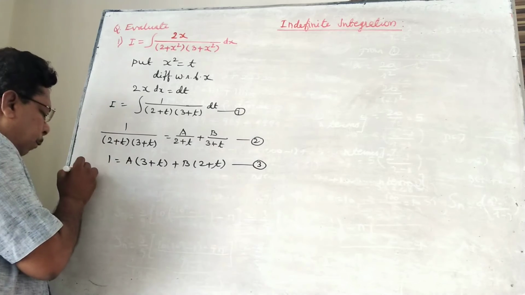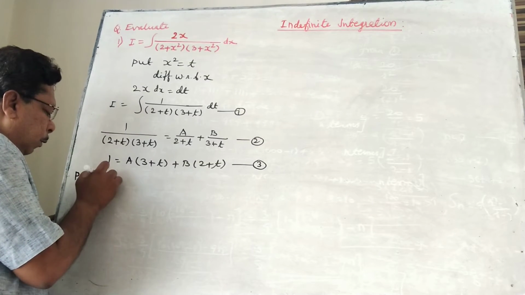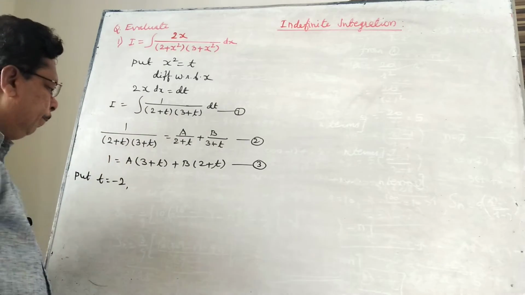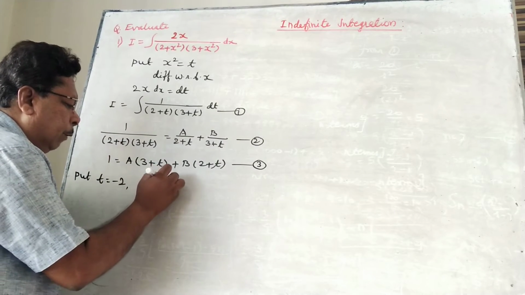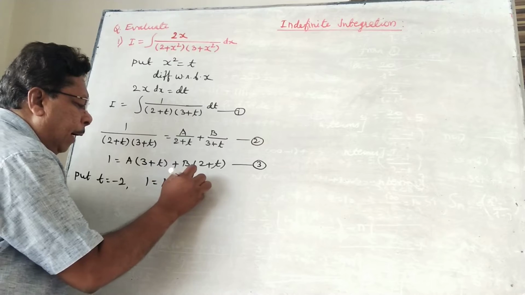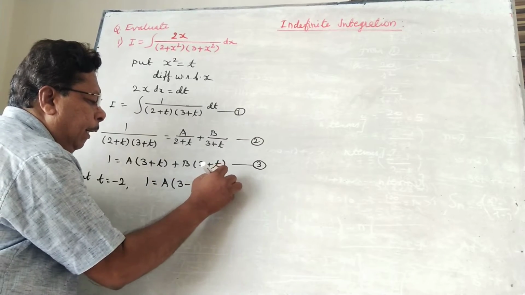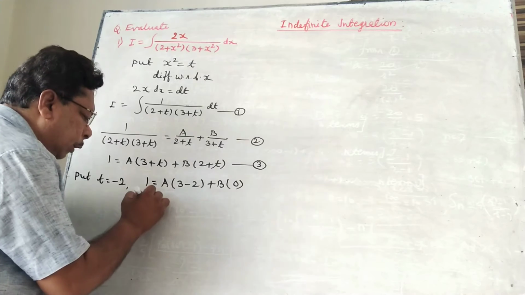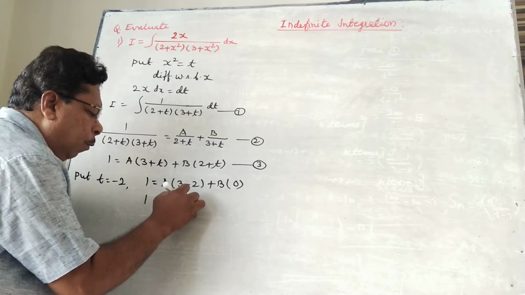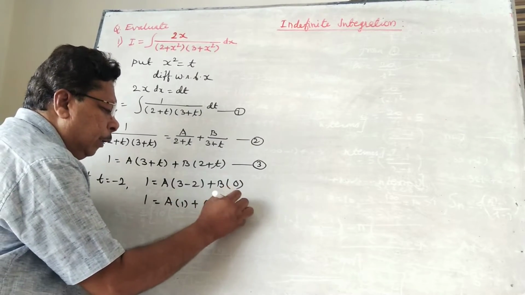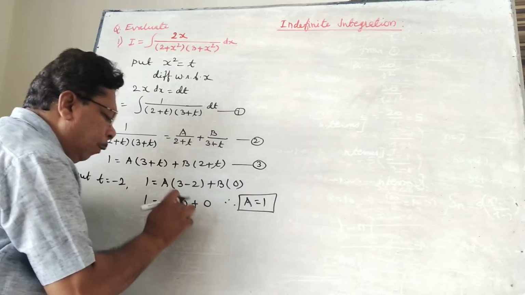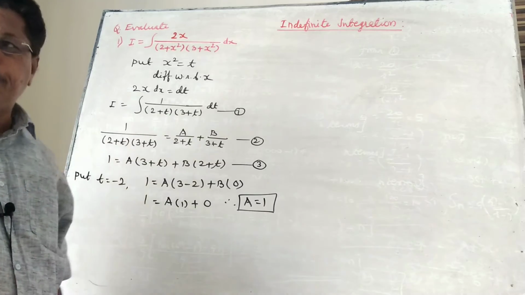Put t equal to minus 2 in equation 3: 1 is equal to a into (3 minus 2) plus b into (2 minus 2). So 1 is equal to a into 1, b into 0 is 0. So a into 1 is a, and a is equal to 1.